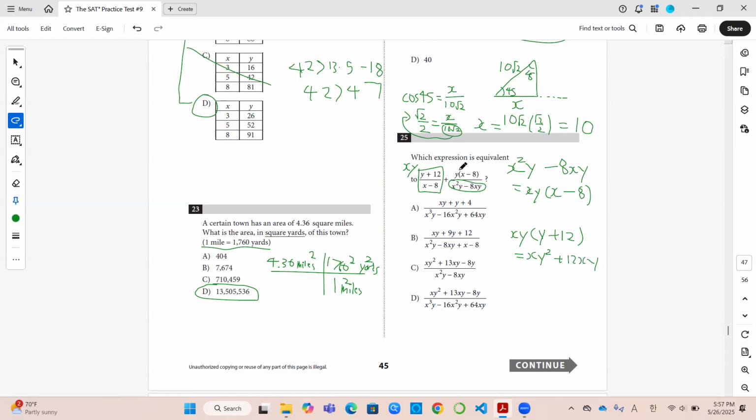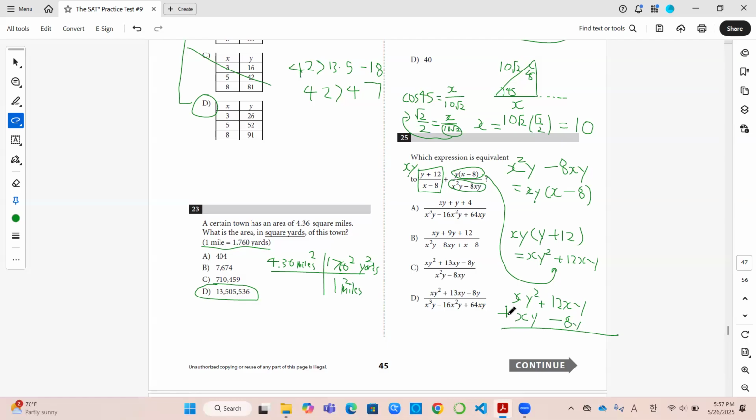Now I need to add this by this guy over here. I also have to add this to here. So xy squared plus 12xy and xy minus 8y.